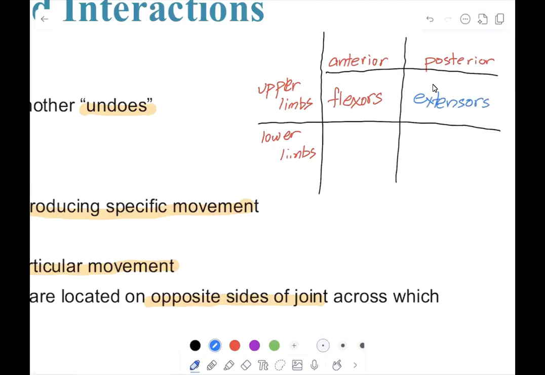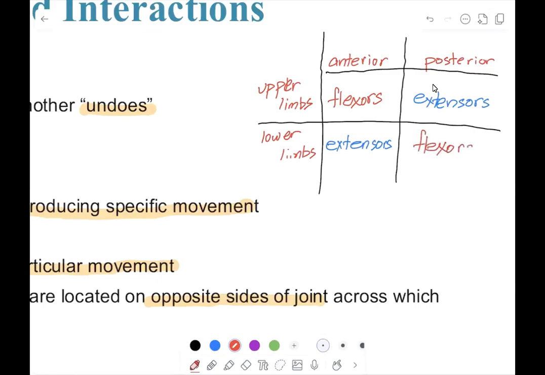The nice thing about the lower limbs is it's just the opposite. So if they're on the anterior surface, they are extensors. If they are on the posterior surface, like the hamstring muscles, the semimembranosus, semitendinosus, for example, those are flexors.